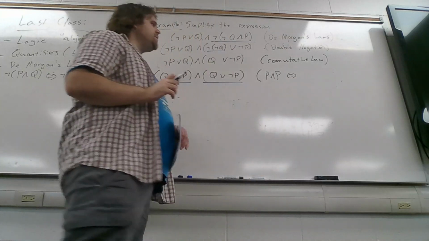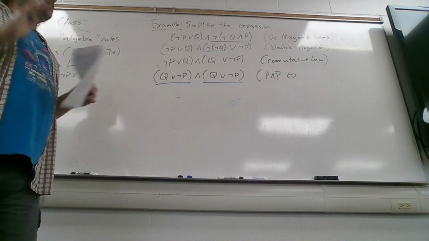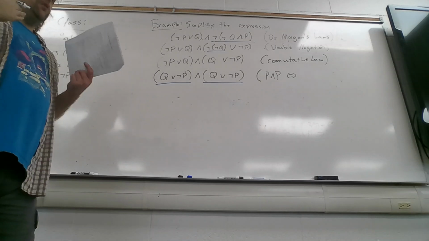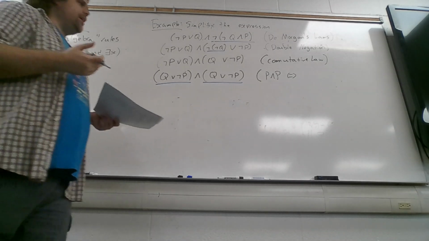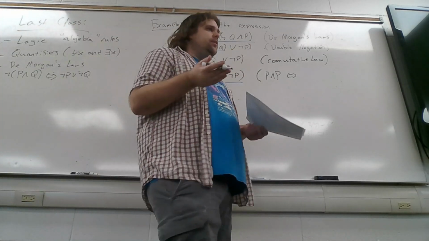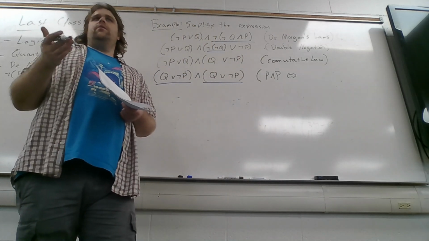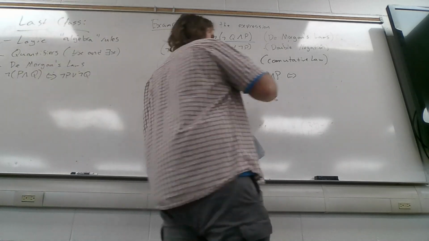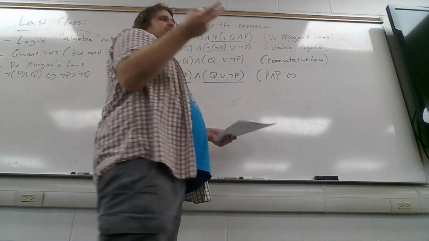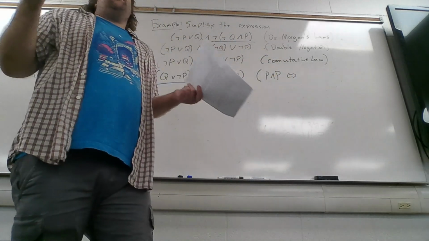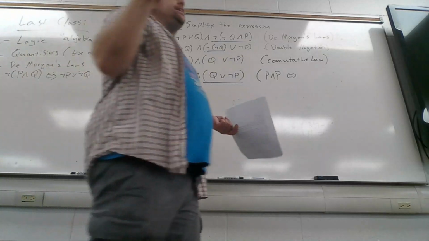What can we simplify this to? If we think about it, this isn't like a rule. This is just thinking about truth tables and logic and that sort of thing. So we have P and P. What could we write down instead to simplify that? Yeah, exactly, right? Because in this case, it's P and P, so the truth value just depends on P, right? P determines it.